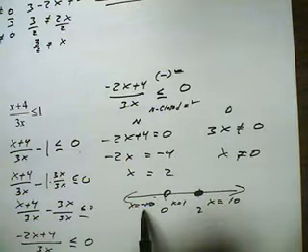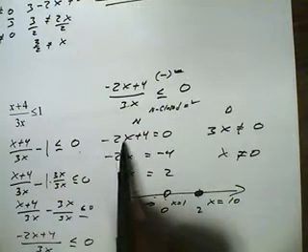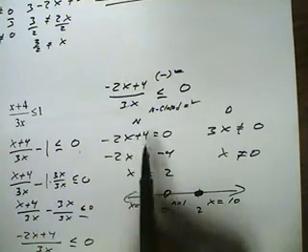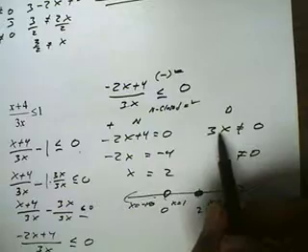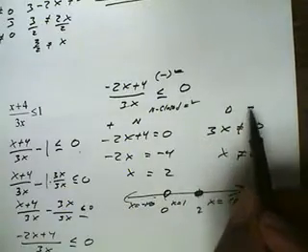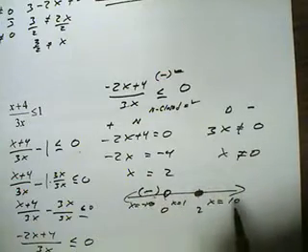Let's go back and use negative 10. A negative 10 times a negative 2 is positive 20 plus a 4. That'll be positive. And a negative 10 times a 3 is negative 30, which is negative. So a positive divided by a negative means this area is negative.